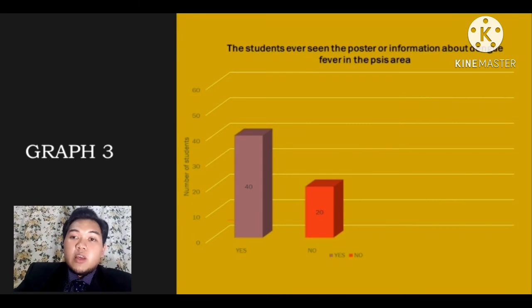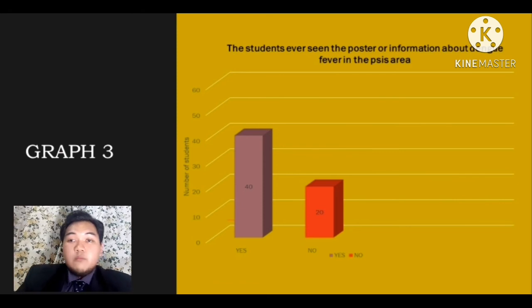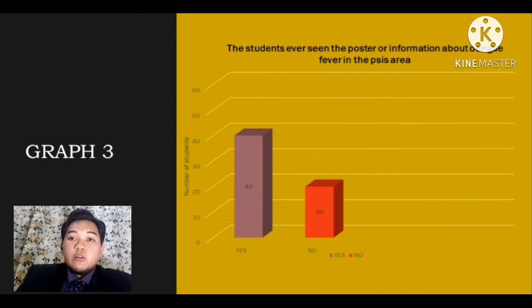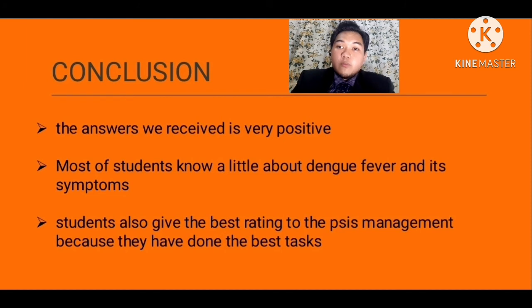This means they have seen the poster or information about dengue fever in the Psis area, such as in the library, bilik kuliah, and surau, and the lowest one is those who voted for no. But we have concluded that the answer we get is very positive.